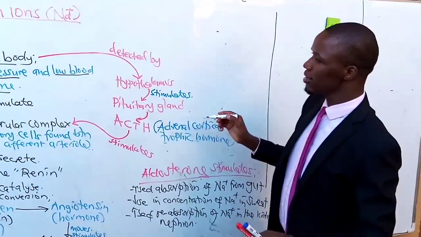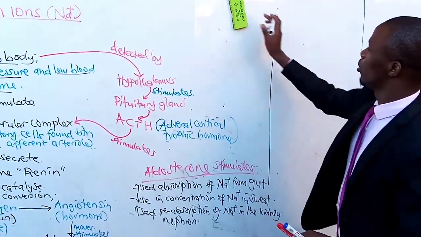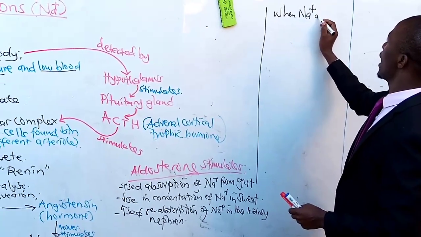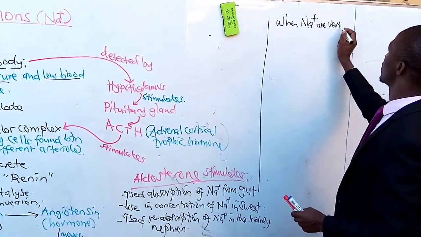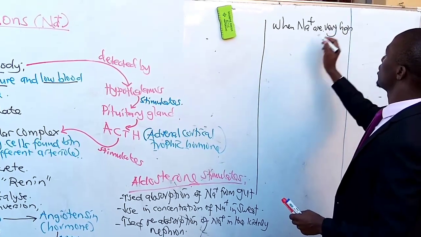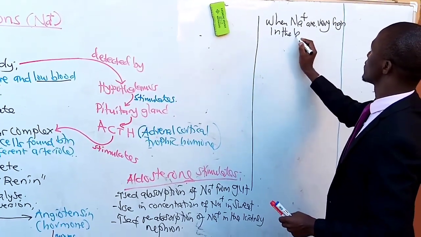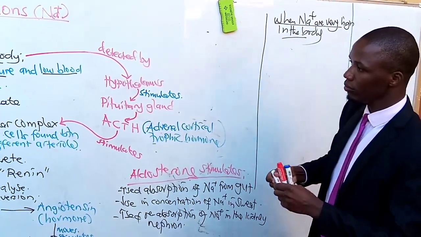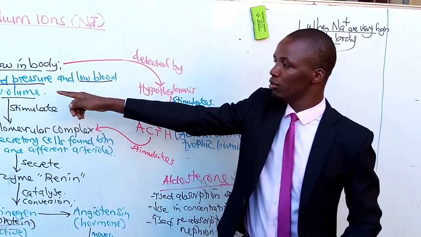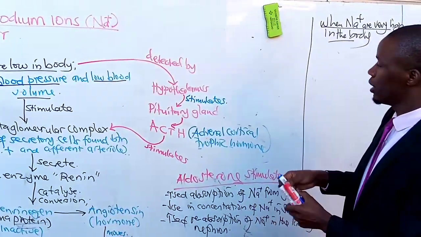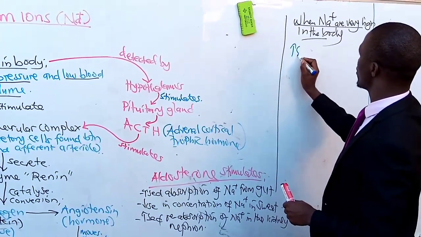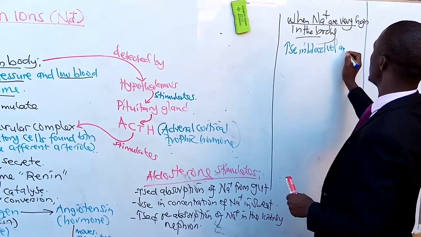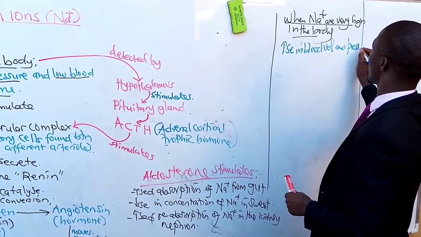So it means that when sodium ions are very high in the body, there will be an increase in blood volume and pressure. How? It's what I've just been explaining.